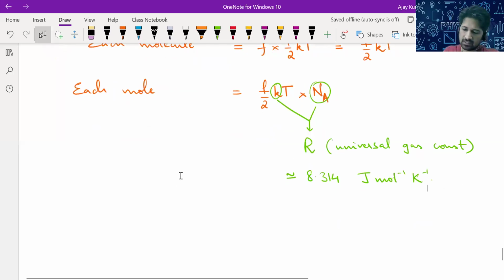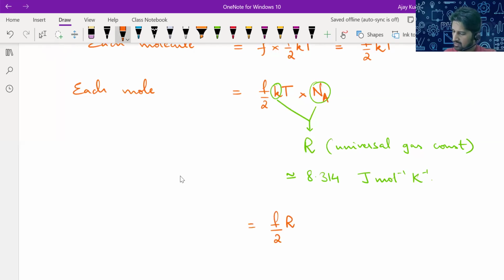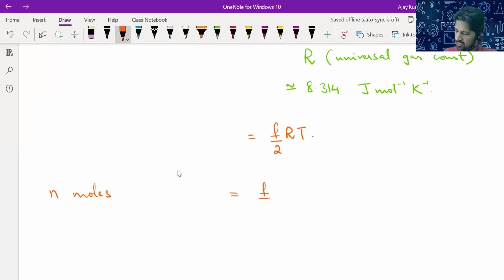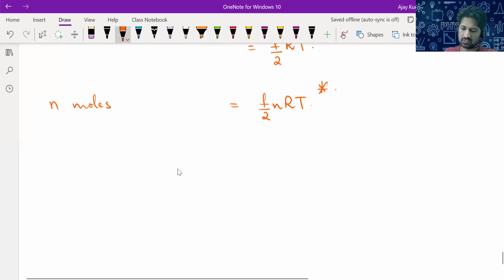So we can say that each mole of a gas stores an energy of F by 2 RT. If each mole stores this much energy, then n moles of a gas will store an energy of F by 2 nRT. Very, very useful equation, particularly in this chapter and even in chemistry.